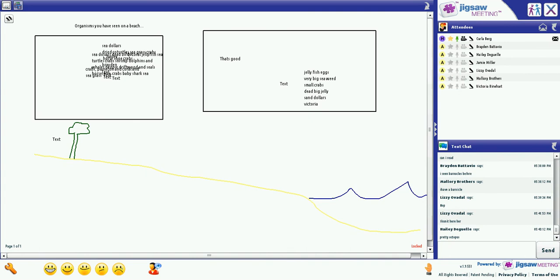What we are going to do is, in the beginning of class, you guys came up with some organisms that you have seen on a beach.